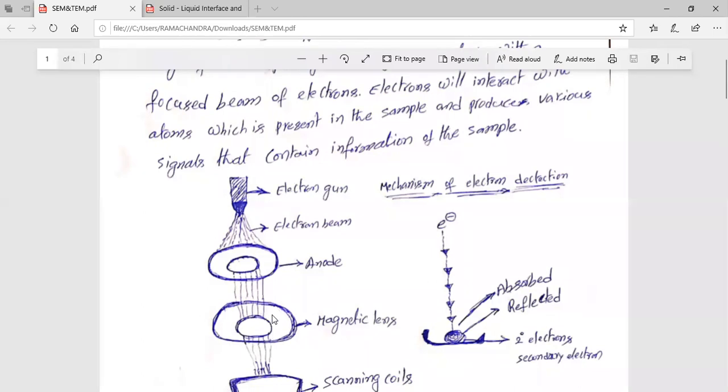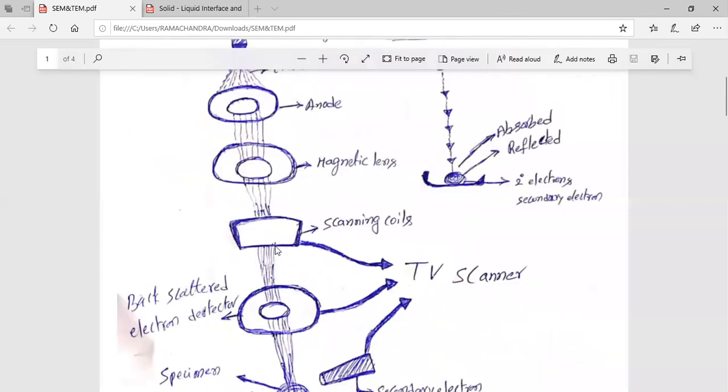When they reach the magnetic lens, the electrons move towards the scanning coils.